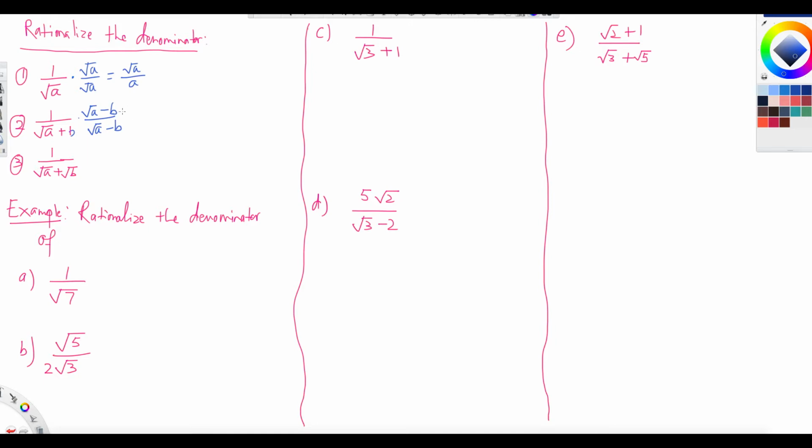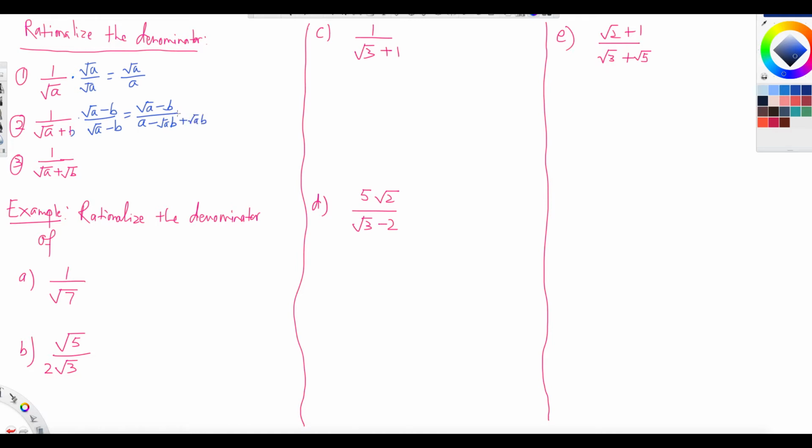Okay, if you do that, then 1 times root a minus b will be root a minus b, divided by root a plus b times root a minus b. You just FOIL it, right? So you get root a times root a is a, root a times negative b is negative b root a, and then b times root a is positive b root a.